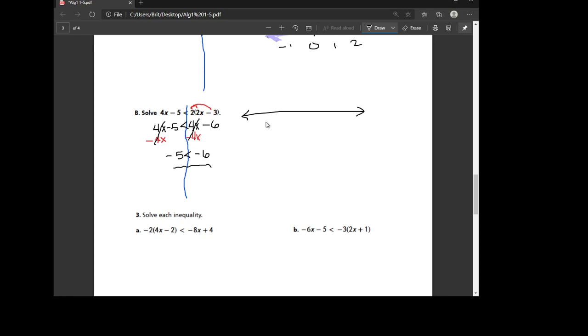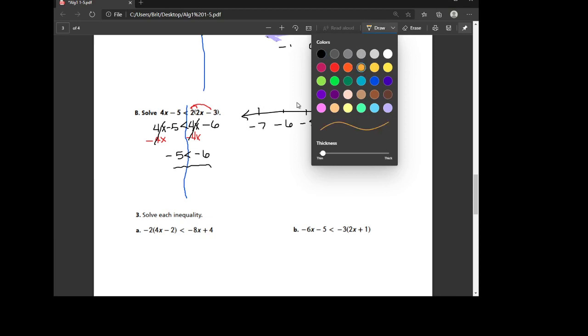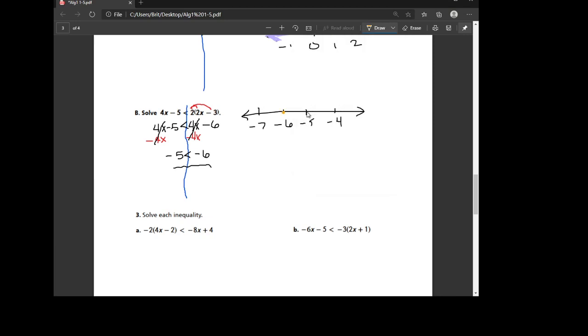Now, negative numbers feel a little confusing to kids sometimes. So let's look at it on a number line. -6 is right here, and -5 is right here. Because -5 is further to the right, -5 is bigger than -6. But our inequality is saying that it's less than.